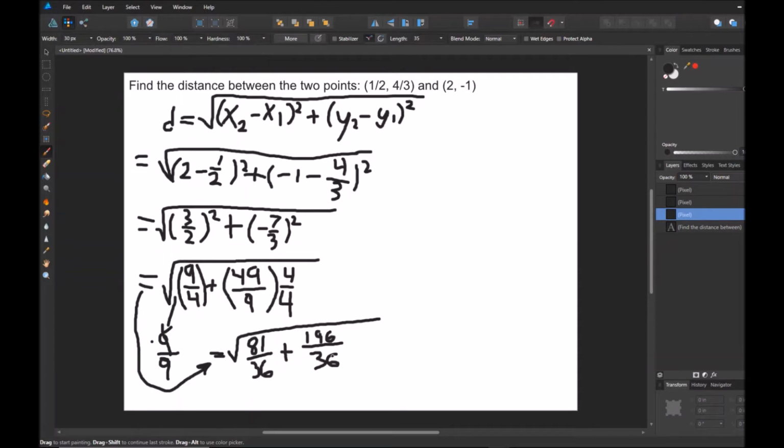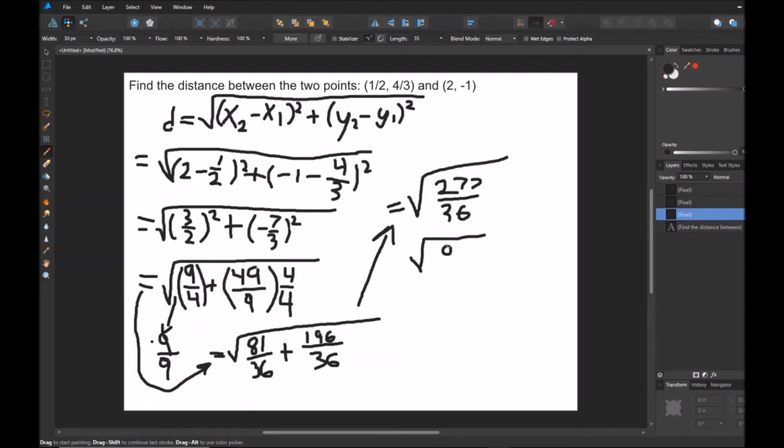And then 81 plus 196, now that we can add the fractions together, is 277. Let me just draw that over here. Is the square root of 277 over 36.